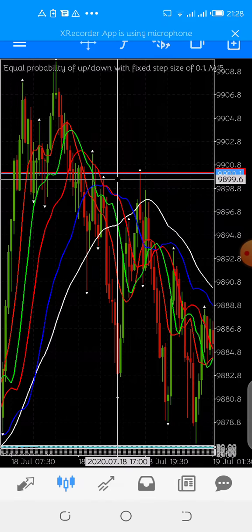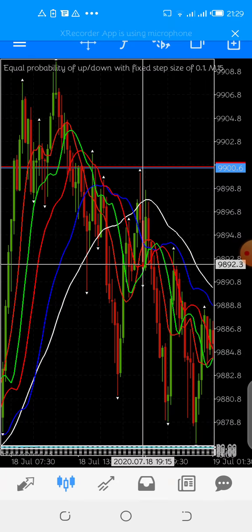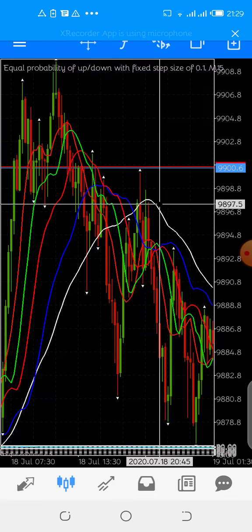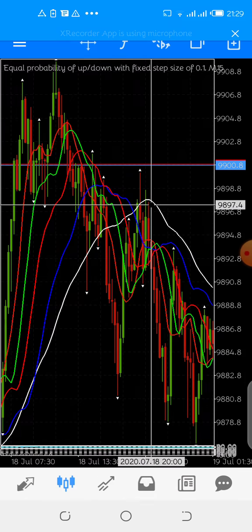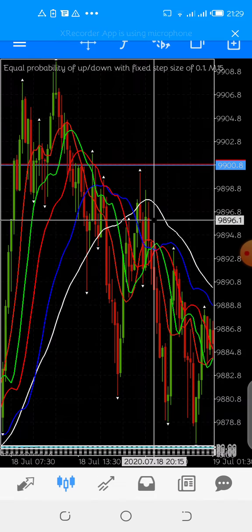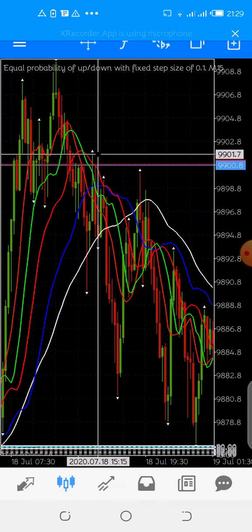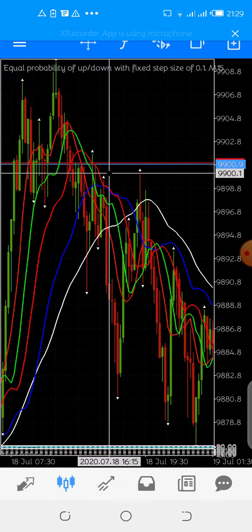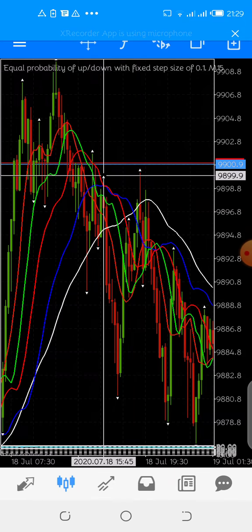But I wouldn't want to place a trade before this complete change, like the trend has changed. Okay, so I would only place after this white line. But there are those people who are high risk takers, they place a trade after this other fractal here.